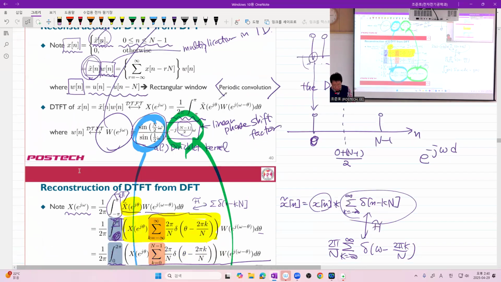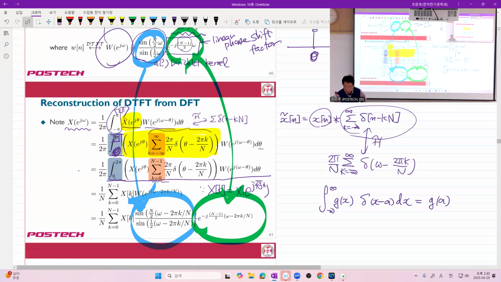See that? Here, this part is the most important part.